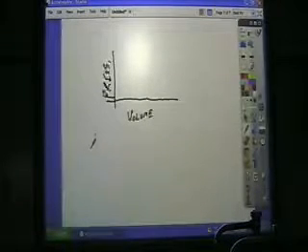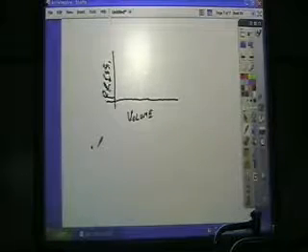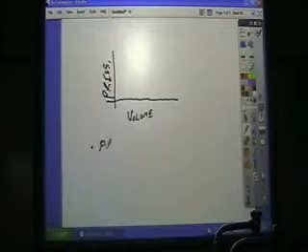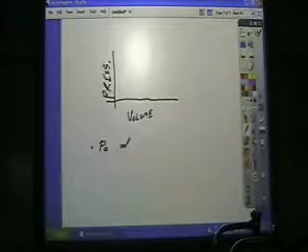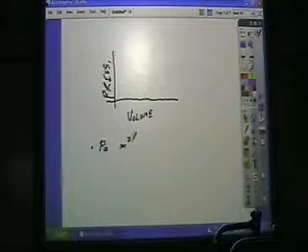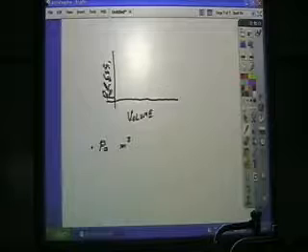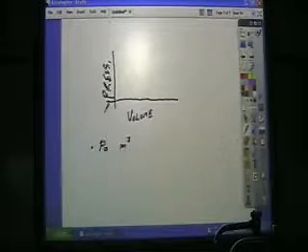Now, let me give you the unit analysis for this, because a couple of you struggled with this on the math problems. All right, pressure is typically going to be measured in units of pascals. Volume is typically going to be measured in units of meters cubed. Now, realize that pressure can be a number of different units. Pressure can be kilopascals, can be atmospheres, can be bars, can be torrs.